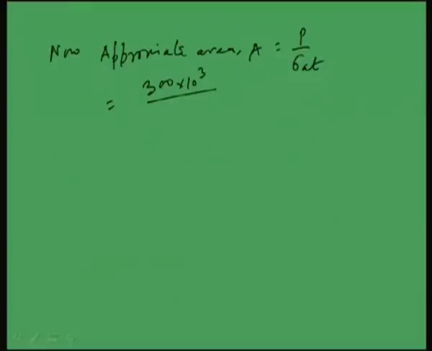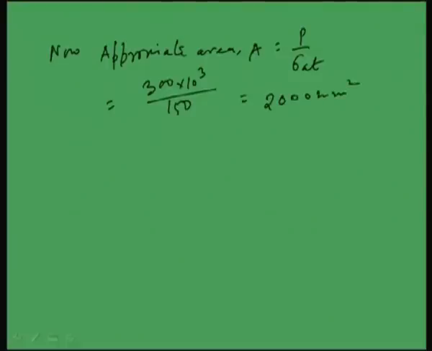Now the approximate area. First we have to find some approximate area, which will be P by sigma AT. The load is 300 kilonewton, sigma AT will be 150, so this is coming 2000 millimeter square.